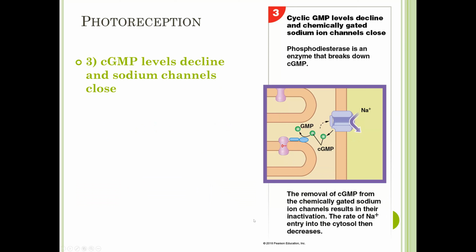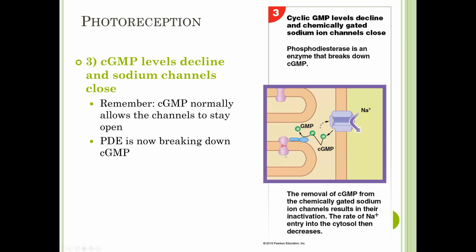In step 3, the cyclic GMP levels decline and the sodium channels close. So remember, if we go back to our resting state, we normally have these little cyclic GMP molecules that hold the sodium channels open. Also remember that phosphodiesterase, or PDE, is an enzyme that breaks down cyclic GMP.